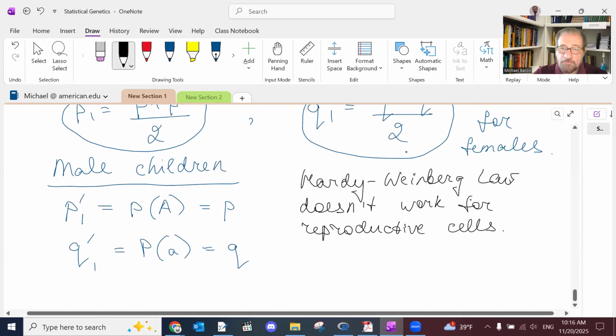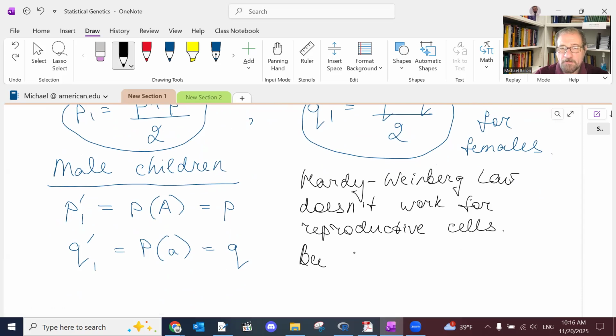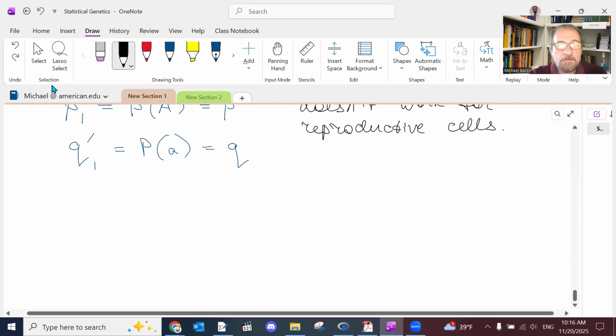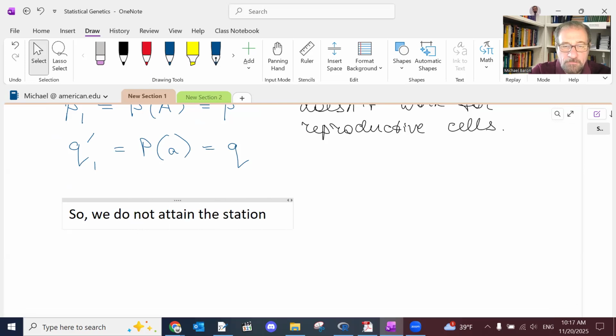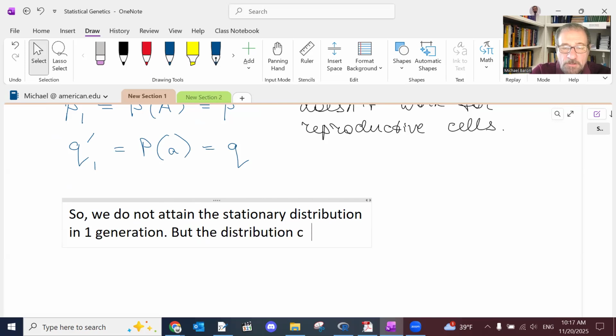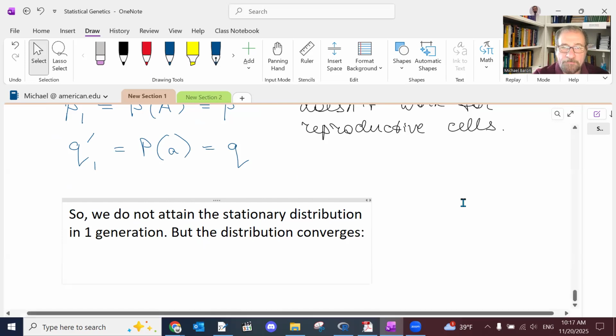But there is convergence. So we don't get the stationary distribution. Let's make this conclusion. So we do not attain the stationary distribution after one generation. But the distribution converges. So we have, what do we have?